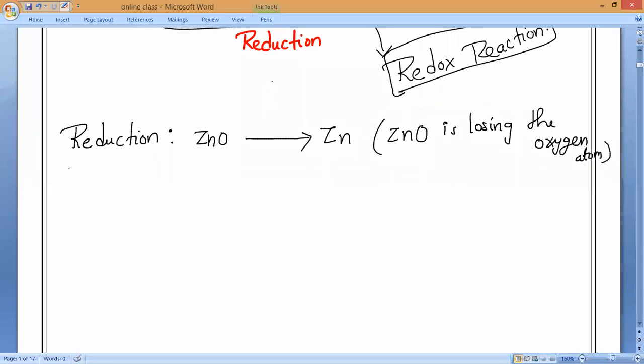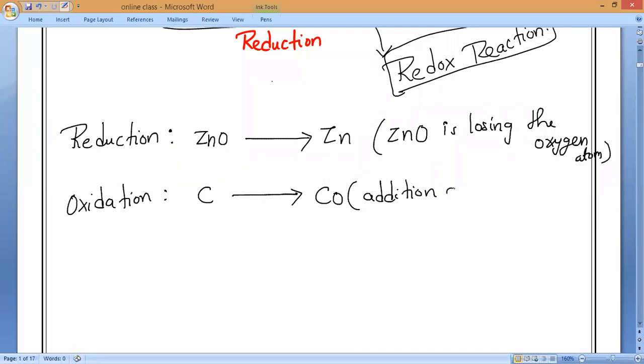Next, if we take oxidation, what do we mean by oxidation here? Carbon is going to gain the oxygen, which means addition of oxygen with the carbon. That is why it is called oxidation.